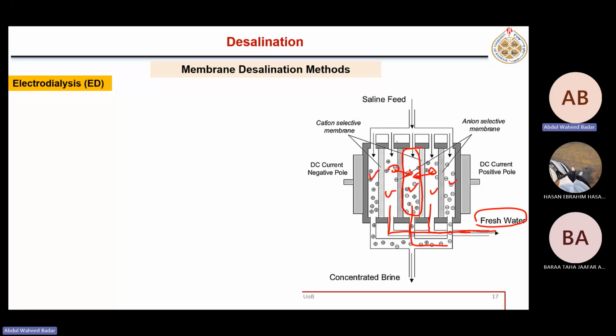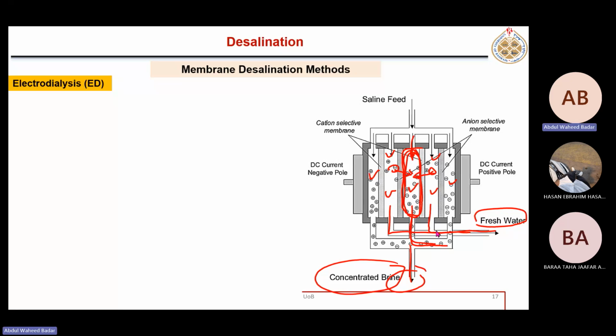Because seawater is made to flow from here, here, everywhere, but here this seawater is collecting those ions. So those are separately collected, which is the concentrated brine.